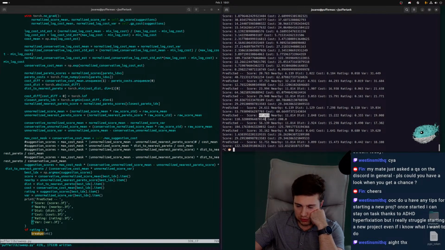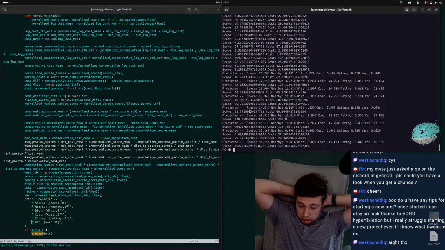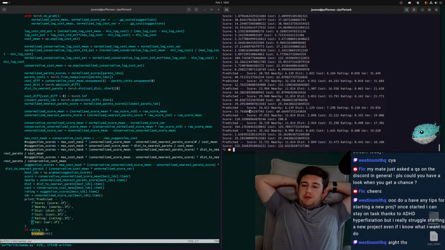Because then, let me see, it's going to be score minus nearby. They get like 35. Well, they say the cost is 15 when it's 200. So it rates high because they're so wrong. It just rates the most wrong predictions.